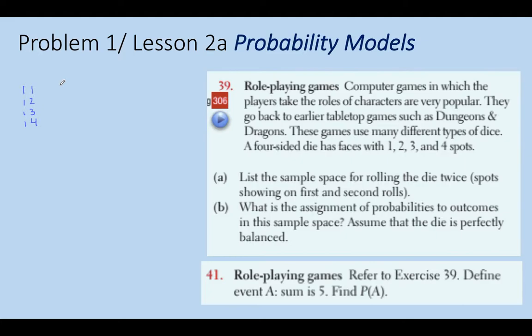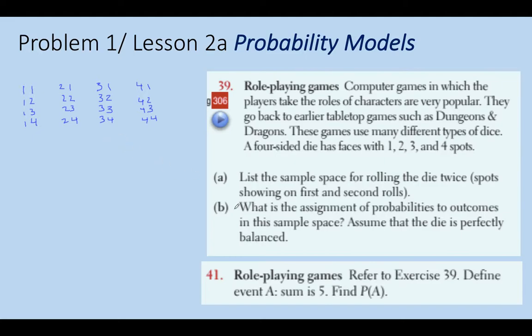And then we could say 2, 1, 2, 2, 2, 3, 2, 4. That takes care of all the ones that start with a 2. And then 3, 1, and so on for all the ones with a 3. And then 4, 1, 4, 2, 4, 3, and 4, 4. Okay, so there is our sample space.